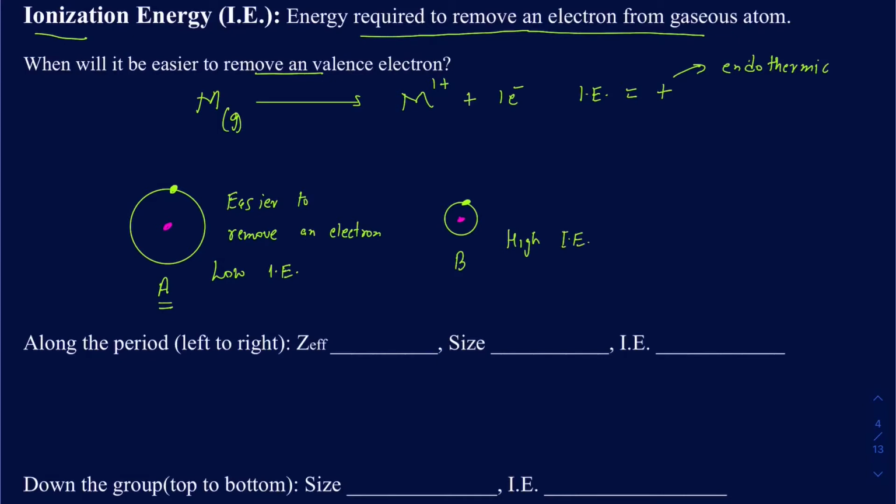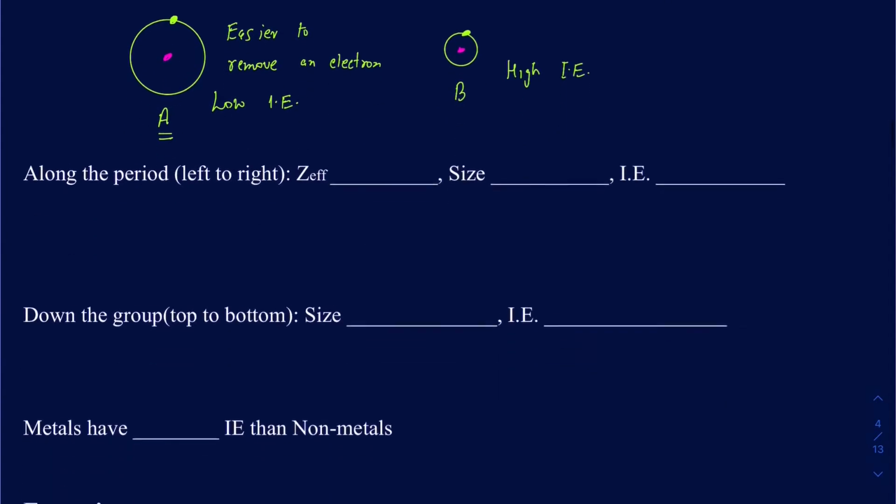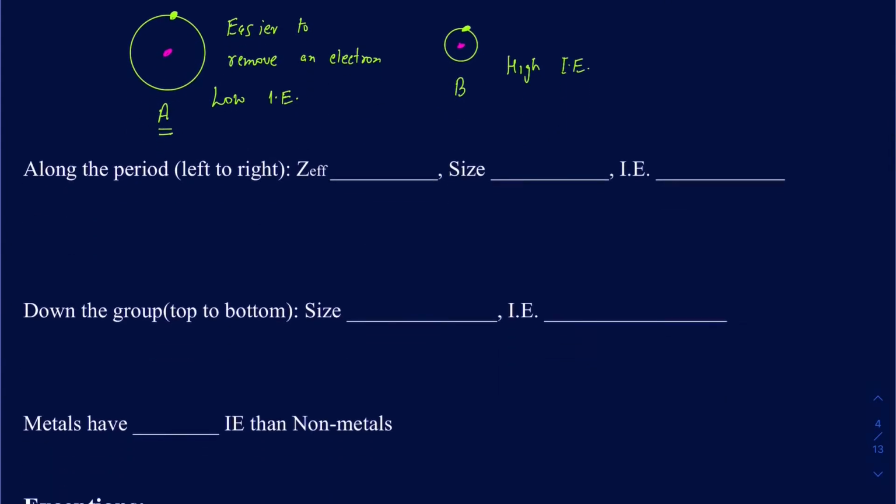So what happens as you move along the period? When you move along the period from left to right, we know your Z effective increases, which means the attractive force between the valence electrons and the nucleus is increasing, and that also decreases the size.